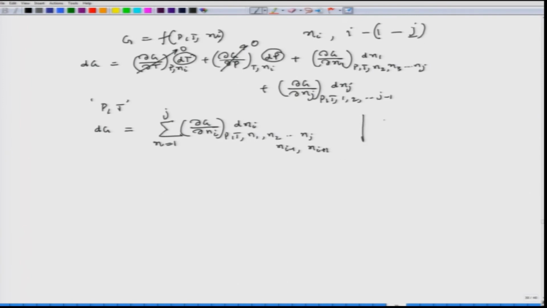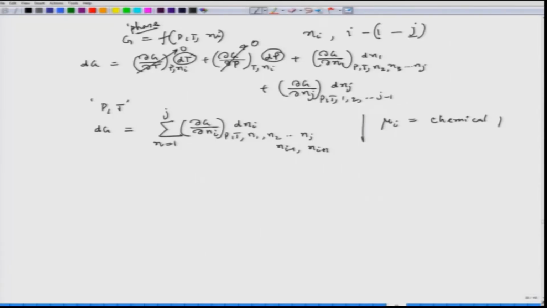So, this is the chemical potential of i, that means the chemical potential of that component in that particular phase. This is talking about a particular phase. In that particular phase, the rate of change of free energy, if we add one mole of the ith component, or if we take out 1 mole of the ith component from that phase, is termed as mu.